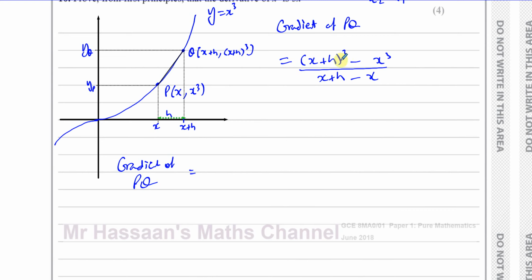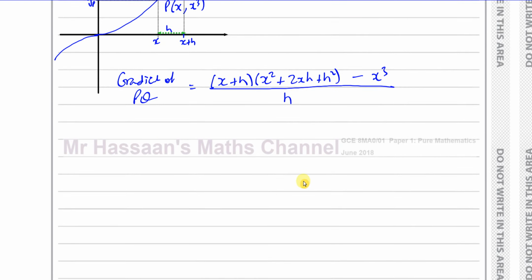So what I'm going to do now is expand this bracket. As this is P1 work, I'll just expand it in the original way, which is x plus h times (x plus h) squared. Now we know (x plus h) squared is x squared plus 2xh plus h squared. You've got your minus x cubed all over x plus h minus x. Well, the x's cancel. You're left with just h underneath.